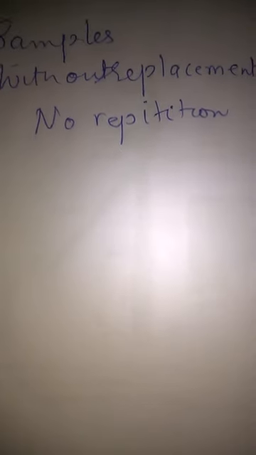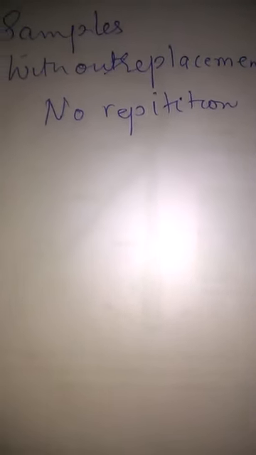In this case, there is no repetition of the unit. A unit can appear only once, and the unit is thrown out of the population, so the previous unit cannot be repeated with the next unit.